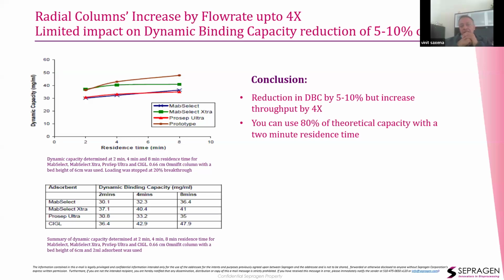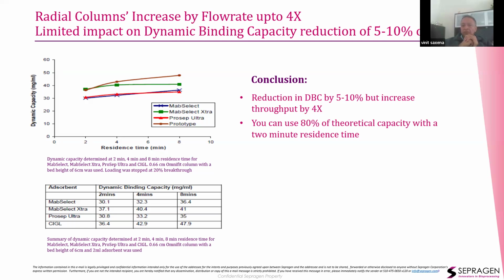Now some of you may be thinking, well, if you can go so fast through the radial flow columns, what happens to the dynamic binding, because the manufacturers are telling us, well, 300 centimeters per hour, that's pretty good, but now it comes down to 5-minute residence time. What if I'm running at 2-minute or 1-minute residence time?